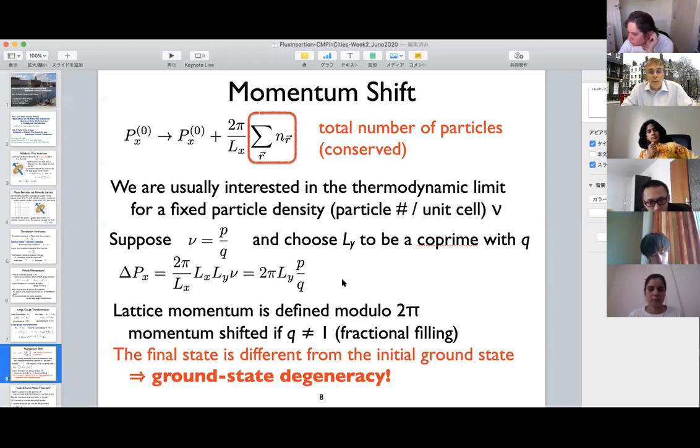So that means that after the adiabatic insertion of a unit flux quantum and the large gauge transformation, the final state must have a different momentum from the initial state. So if the final state is also a ground state, then this ground state must be different from the original initial ground state. That means you must have ground state degeneracy.